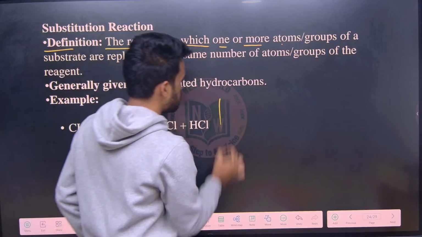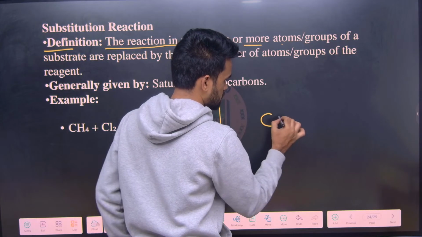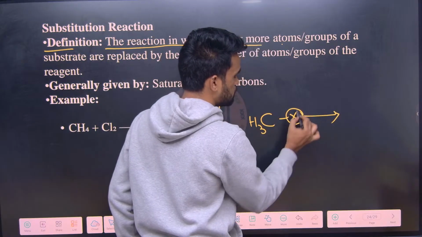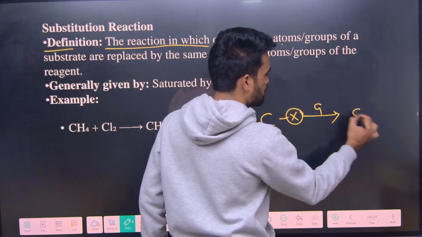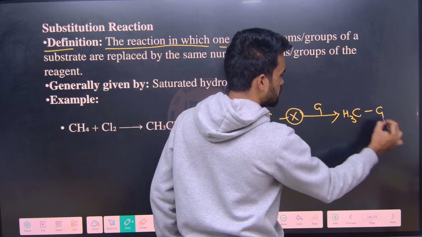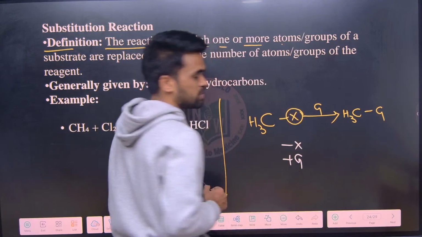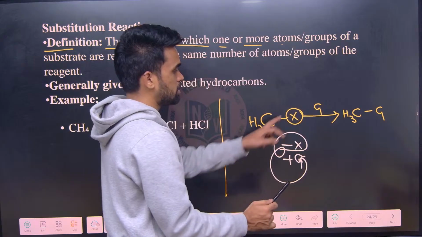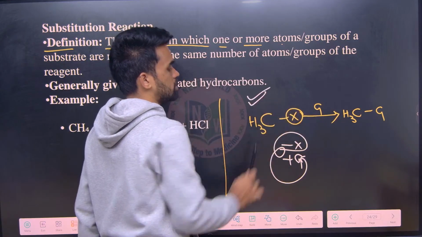For example, let us say CH3X is there. Now this X is replaced by some other group G. CH3G. So you removed X, replaced it with G. X is substituted by G, so you can simply say it is a substitution reaction.